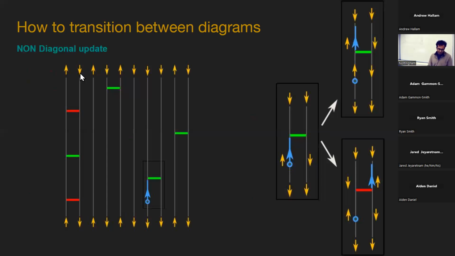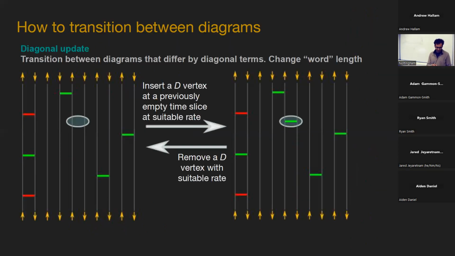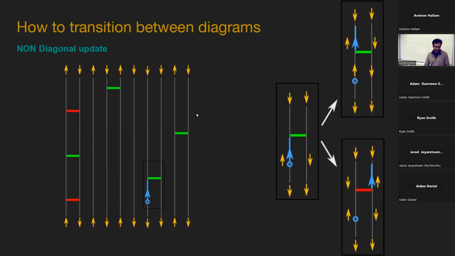And this is done using a worm algorithm, which essentially starts by arbitrarily finding a diagonal operator and changing the direction of the spin. If you take a time slice and change the direction of the spin on that time slice, then there is a discontinuity in the spin configuration across that time slice.